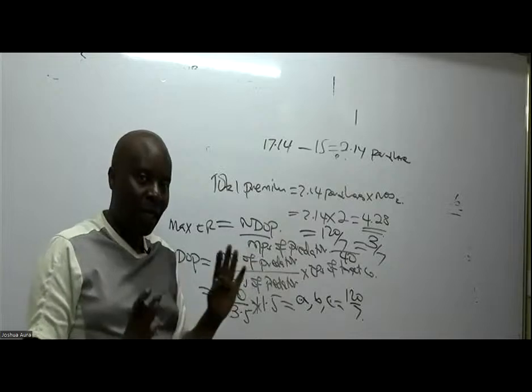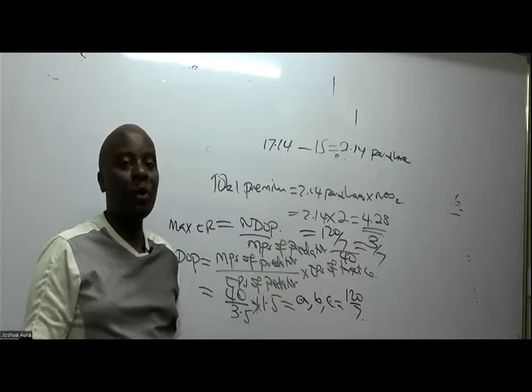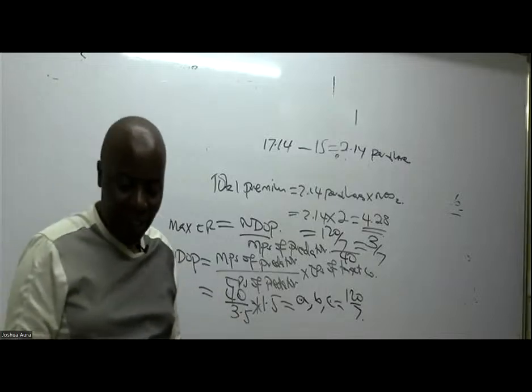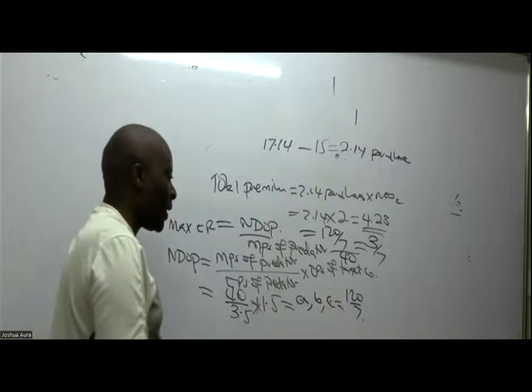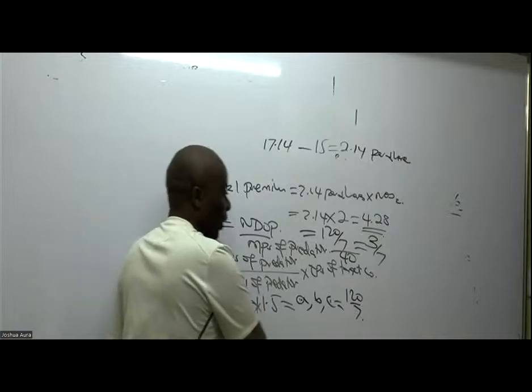So you have to be very exact. Otherwise, you'll always get yourself in problems with KASNEB markers. I've marked this thing for so long, and I know Advanced FM is quite a challenging paper, very easy, but students don't have the methodology of doing it.